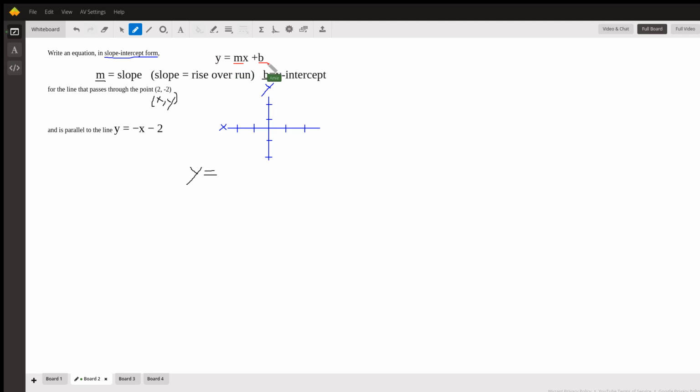We don't know what the m is quite yet, and we don't know what the b is quite yet. But we do know that y equals mx plus b is our general formula, knowing that the variables can change.